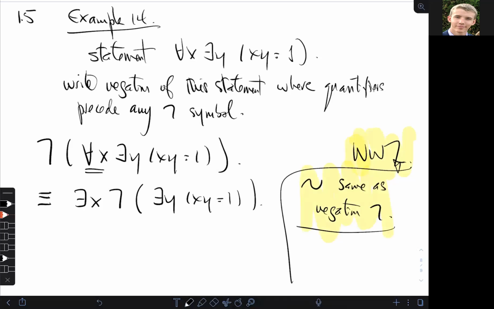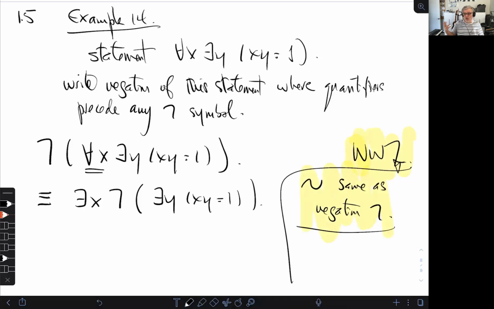Question: why would the negation of for all not be for none? Why is it there exists? Okay, so if I tell you every tree is a maple tree, why is that not true?